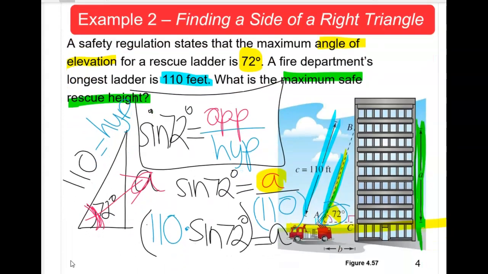The answer was 104.6 something, so let's just round to one digit after the decimal, or to the nearest tenth, and the answer will be in feet. And so that will be the maximum safest height that the ladder could be used within the regulation for that particular city.